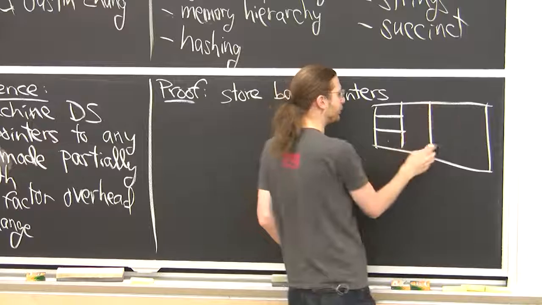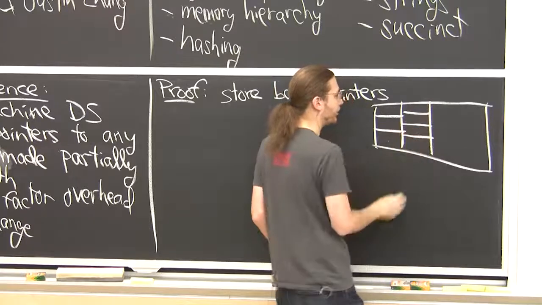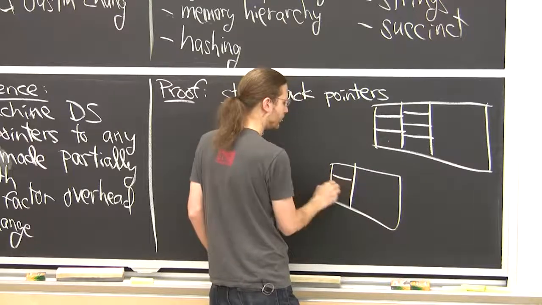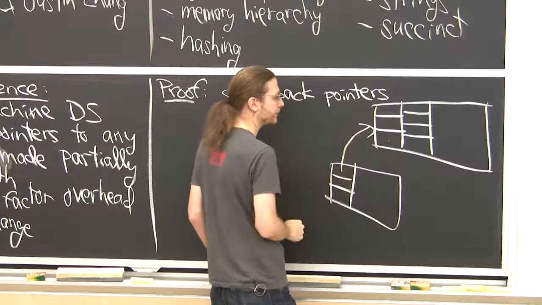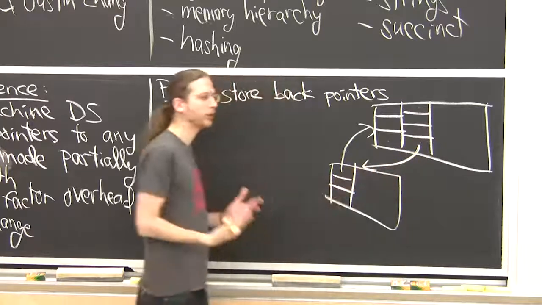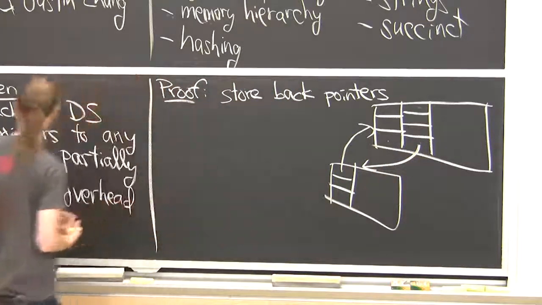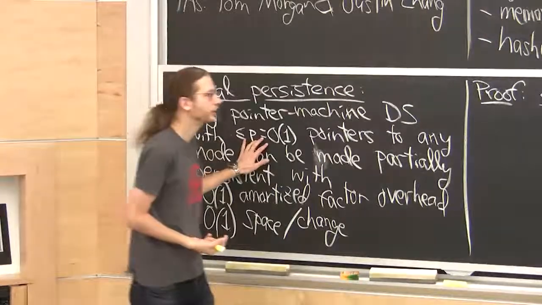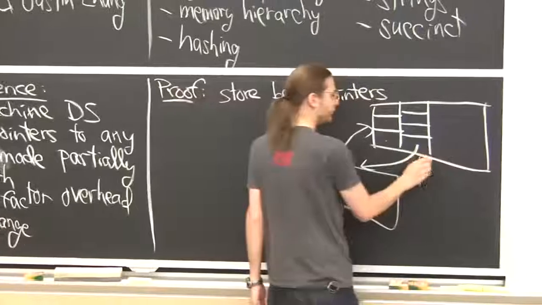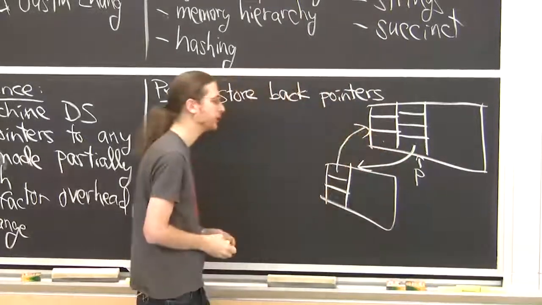I want to also store some back pointers. Whenever there is a node that points to this node, I want to have a back pointer that points back, so I know where all the pointers came from. If there's only p pointers, then this is fine. There'll be p fields here. So still constant, still in the pointer machine model.